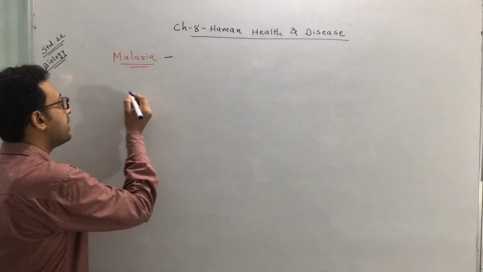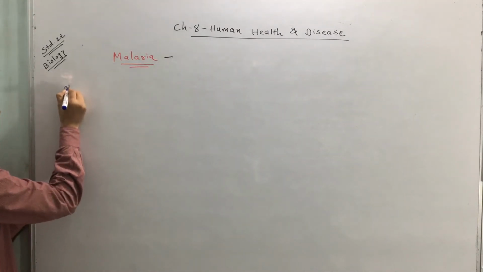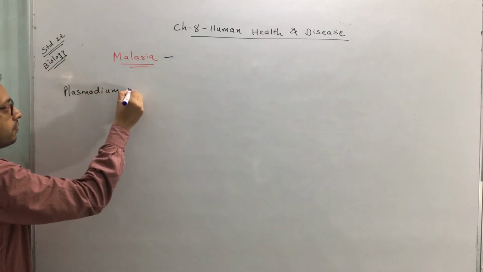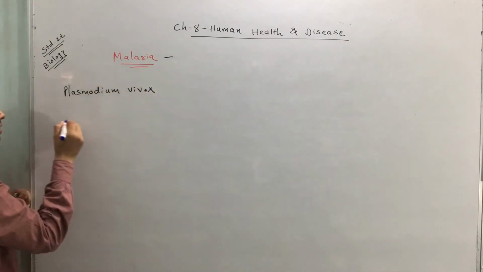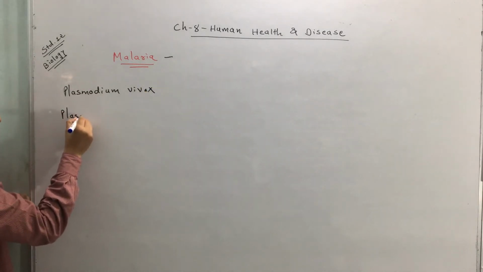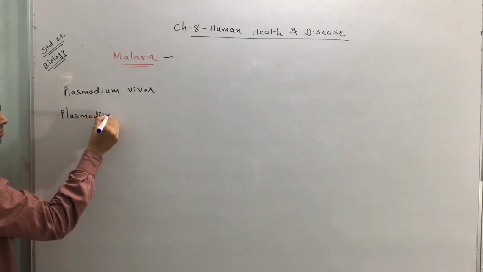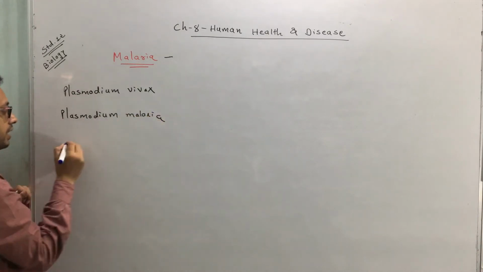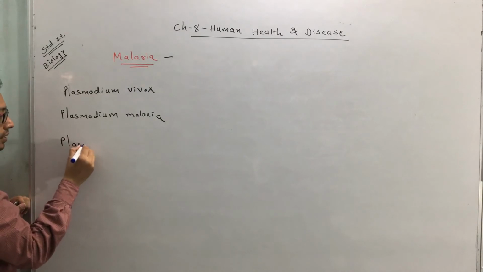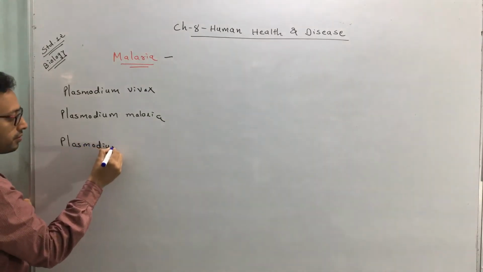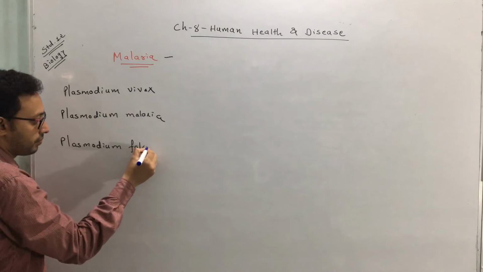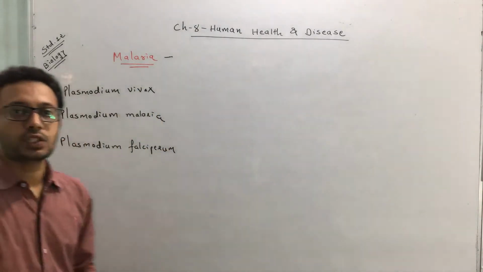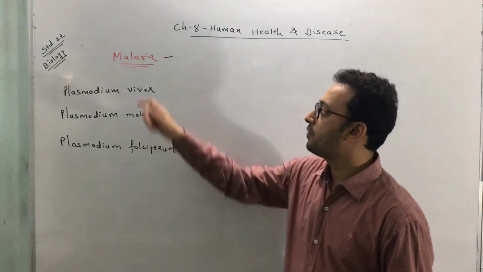Usually malaria is caused by Plasmodium vivax, the second one is Plasmodium malariae, and the third is Plasmodium falciparum. These are the parasites responsible for causing malaria.